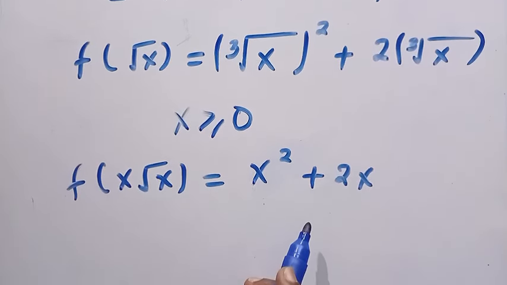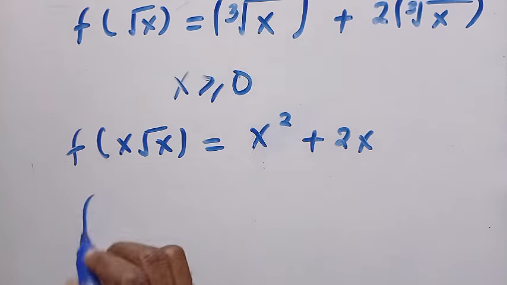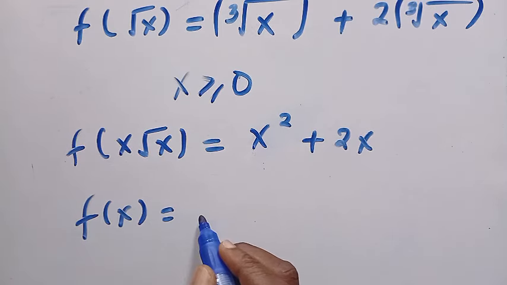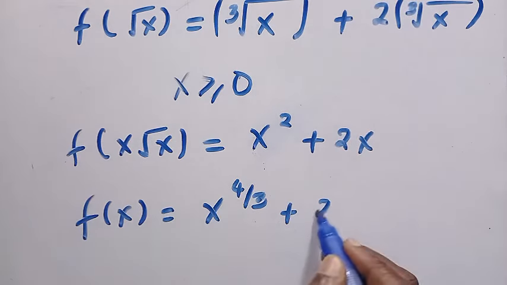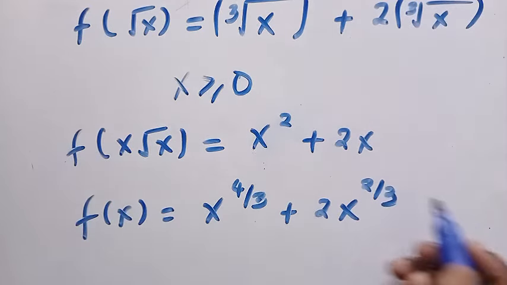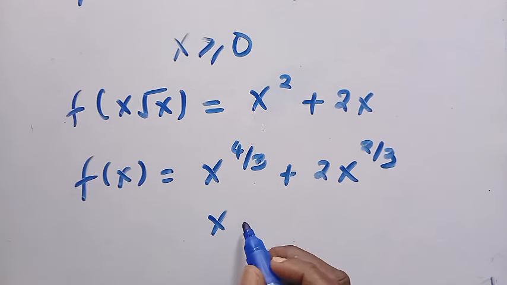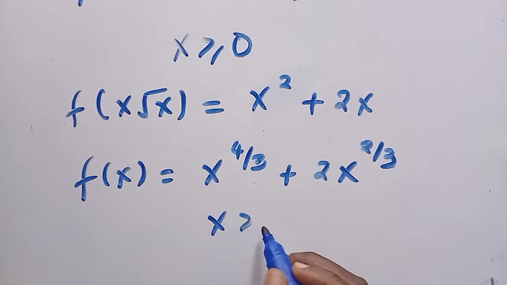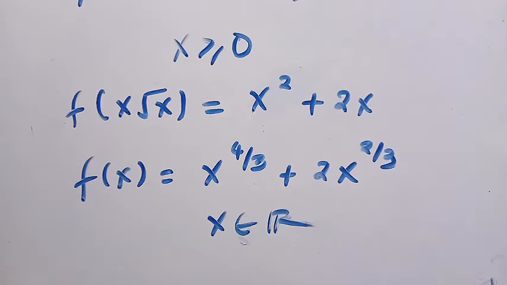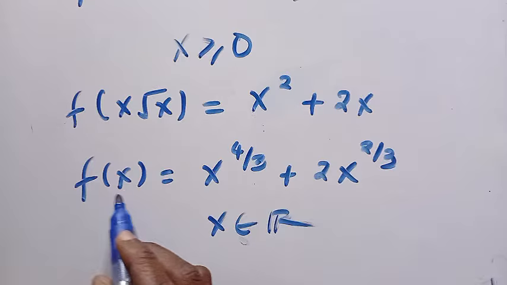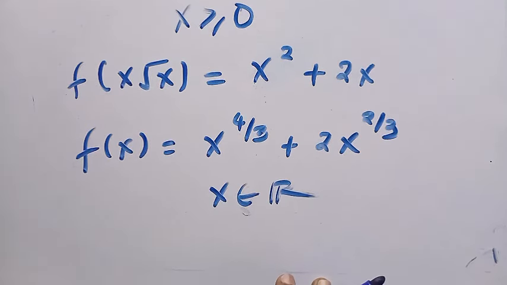It is only when we have f of x that we firstly got as f of x equals x raised to power of 4 over 3 plus 2x raised to power 2 over 3. With this one only, we can see that every single x that we plug in here, x is a member of all the real numbers. Every possible real number that we plug in here will satisfy this, including positive and negative.